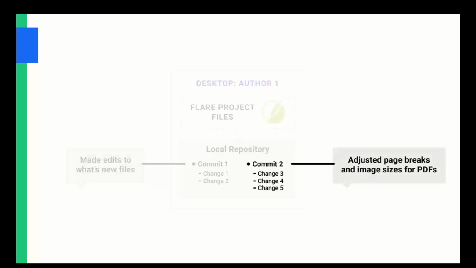Then maybe I do a whole bunch of other changes related to, say, some PDF outputs, and I save those changes as another commit. And I put a comment on that too. I might say something like, adjusted page breaks and image sizes for PDFs.